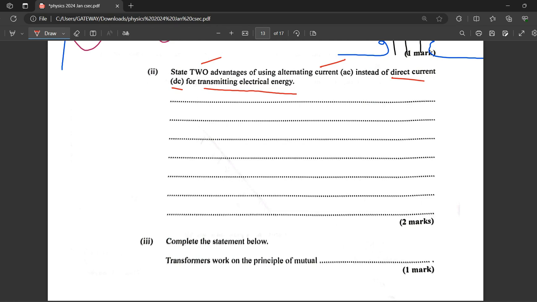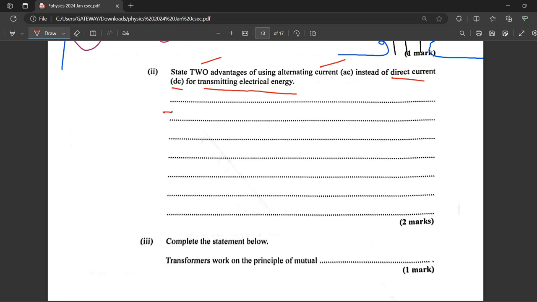So it does reduce energy losses due to the resistance in the transmission lines. Now, in contrast, DC transmission requires higher voltages to achieve similar transmission when compared to AC, resulting in higher energy losses. Basically, for long distances especially, AC will have less energy loss.